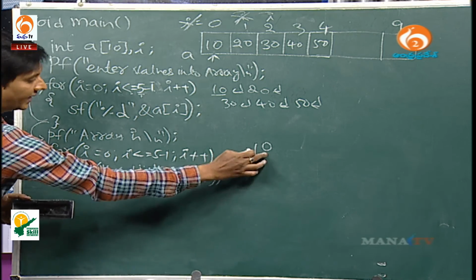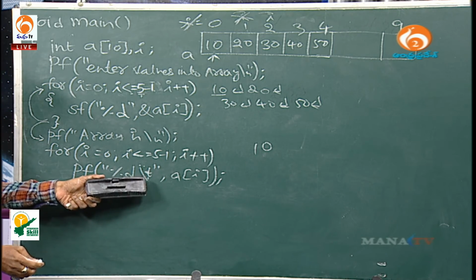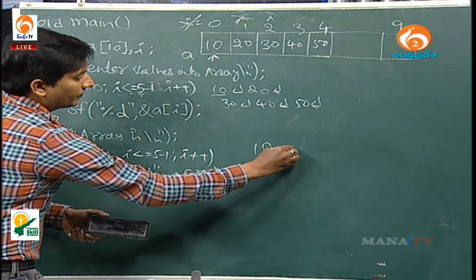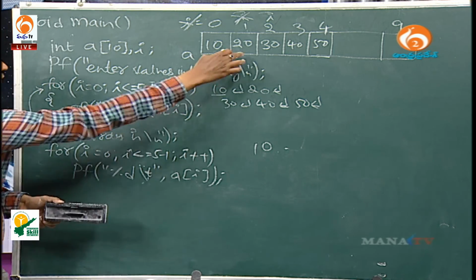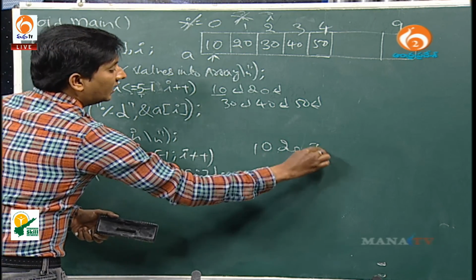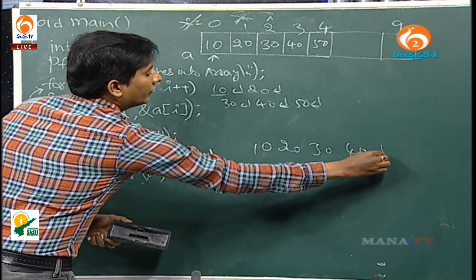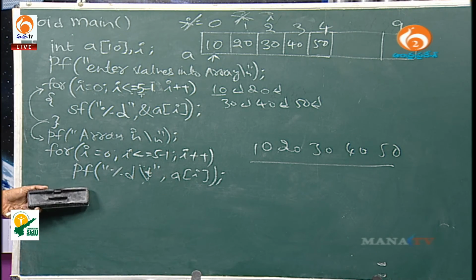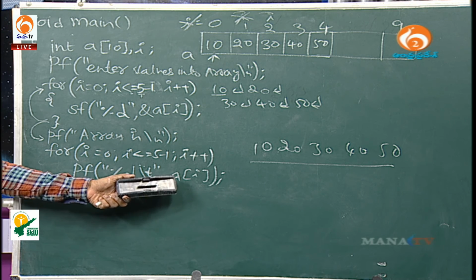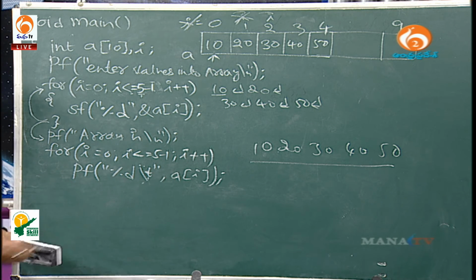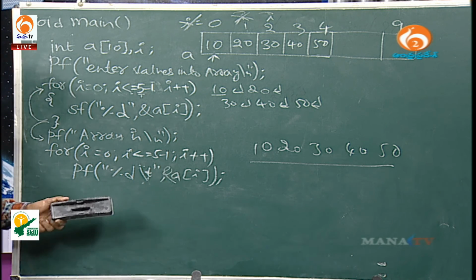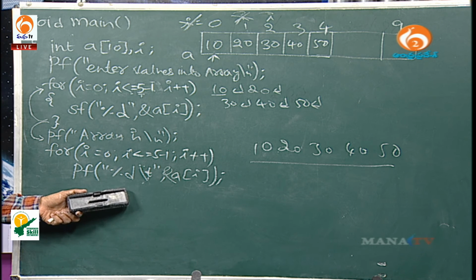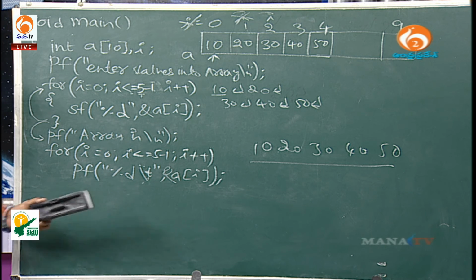After displaying 10, we are giving the 5 spaces. Next 20, 30, 40, 50, this is the output. If we write ampersand here, we will get the address of an array element, but not the value of the array.